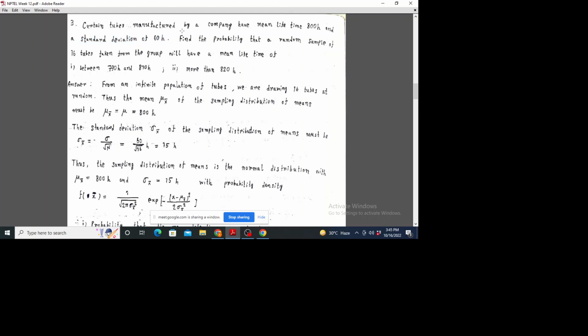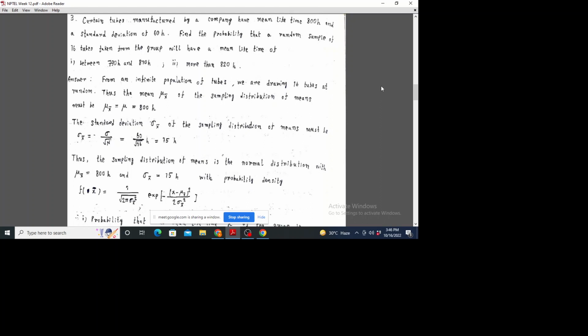Now we are drawing a random sample of 16 tubes, and we have to find the probability that this random sample has a mean lifetime between 790 hours and 810 hours, or in another case more than 820 hours.